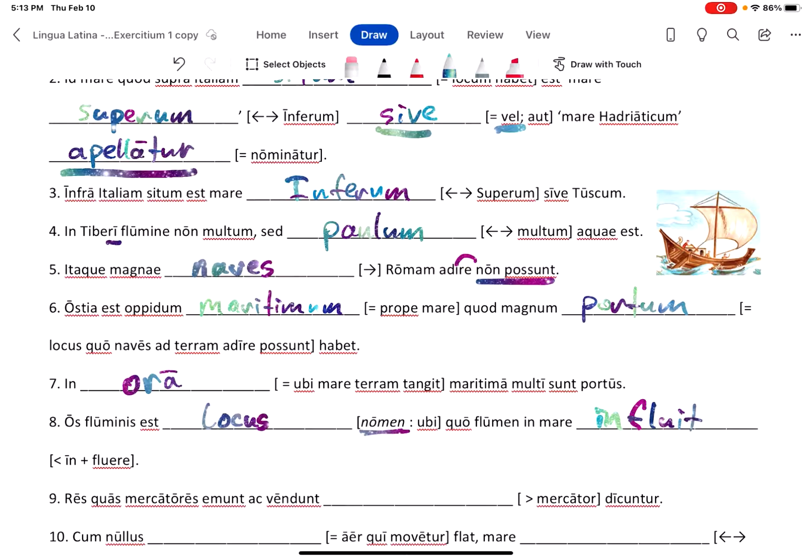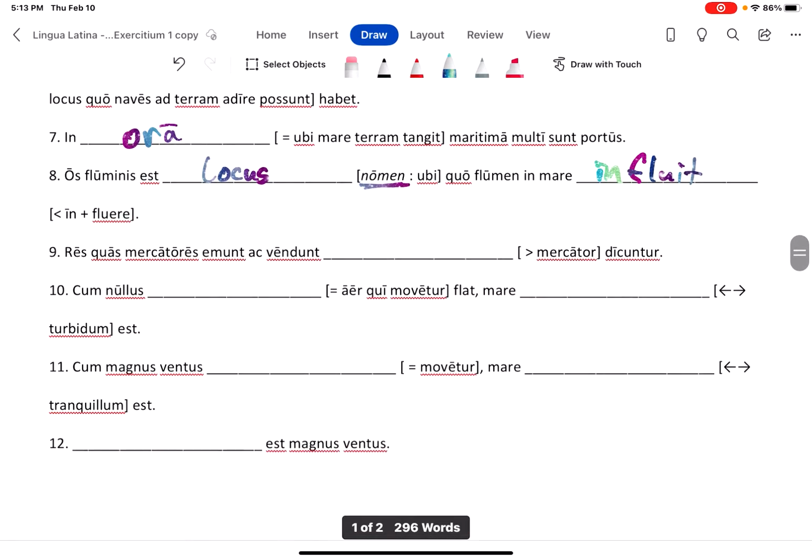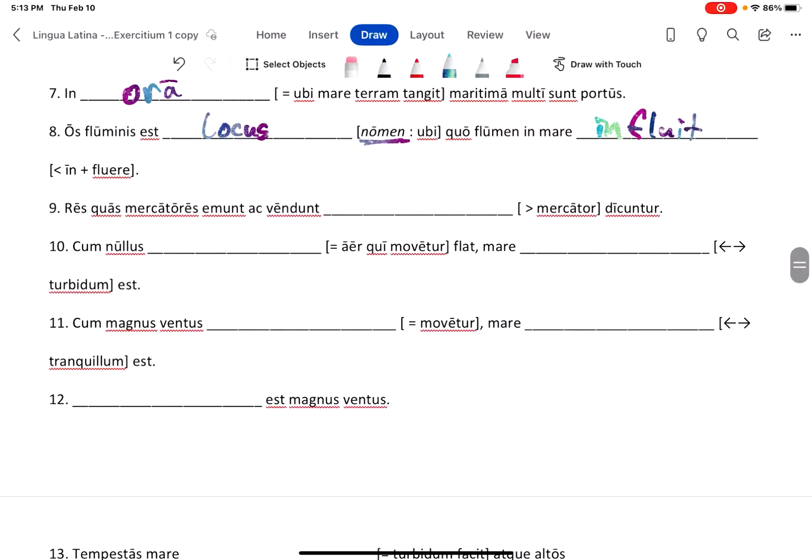So where the river flows into the sea. Number 9, res quas mercatores emunt et vendunt, merces dicuntur, right? They're called merces. Number 10, cum nullus ventus flat mare tranquillum est.